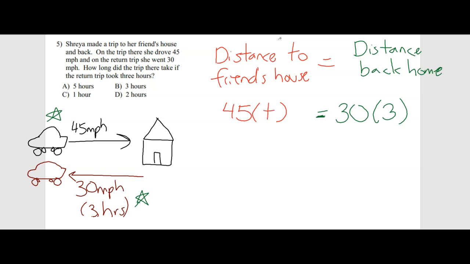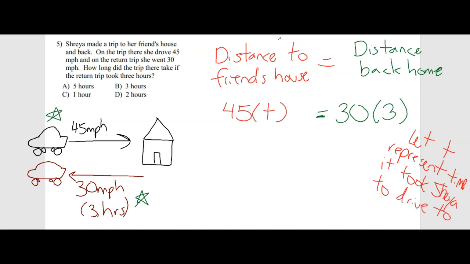I'm going to call that t, and I'm going to say let t represent the time it took Shreya to drive to her friend's house, because that's what I'm trying to find.